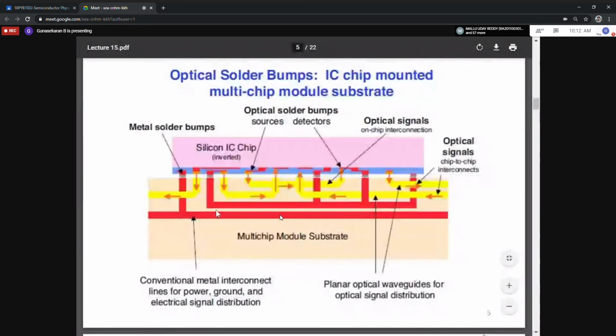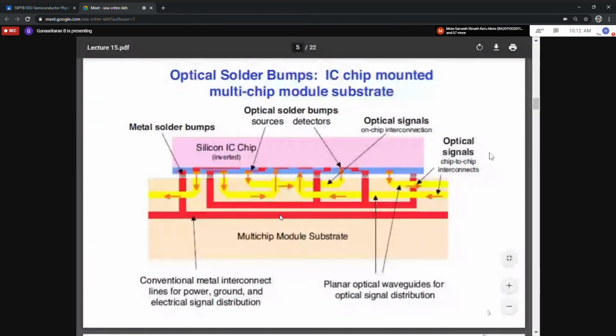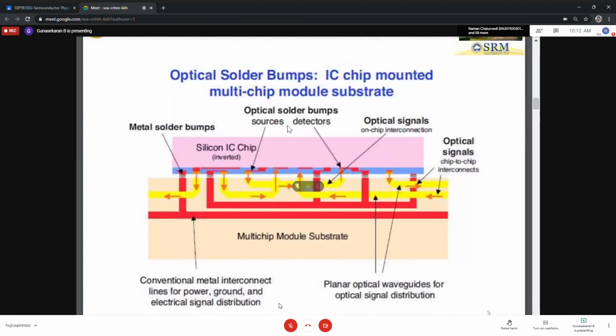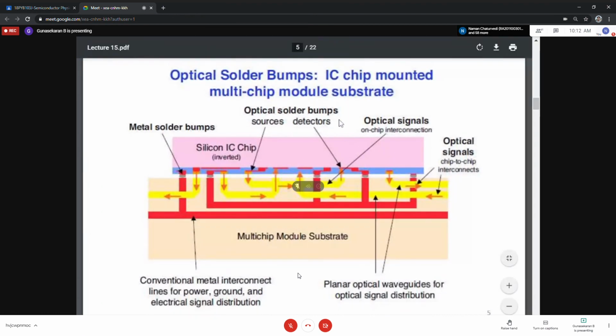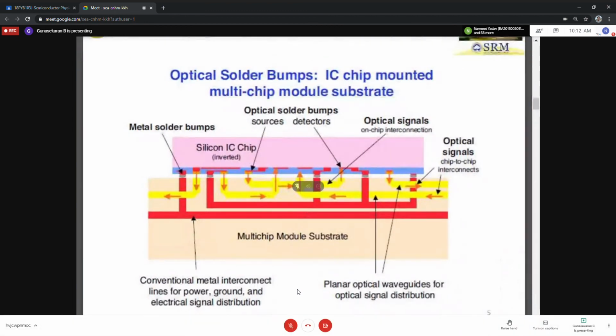Then you see the optical waveguides for optical signals, that is active components. Then optical signals chip to chip, and similarly the silicon IC chip. Then the metal solders, these are passive components. Then the optical solders, active components. Like that, they are fabricated on a single substrate, please understand.